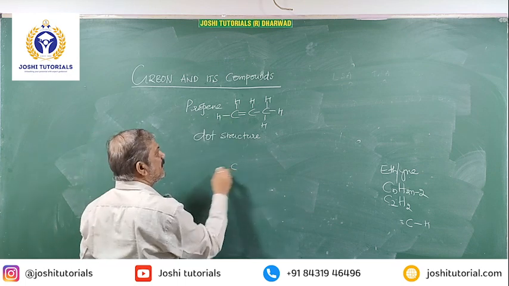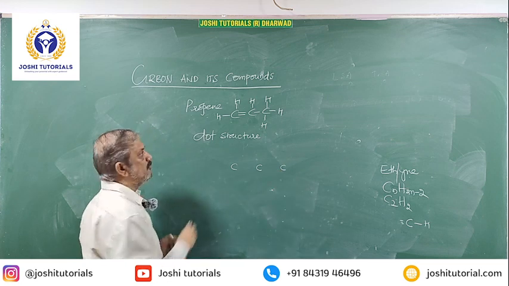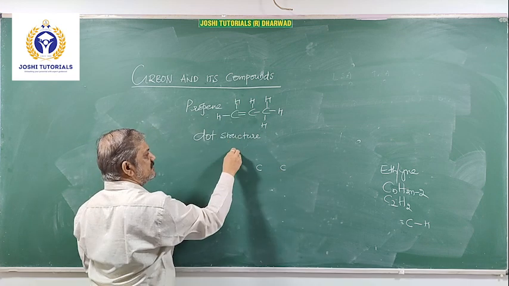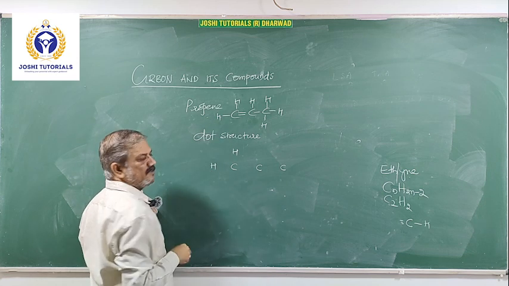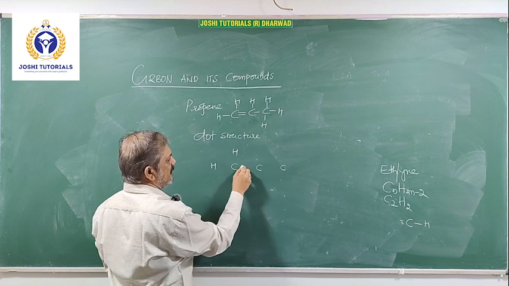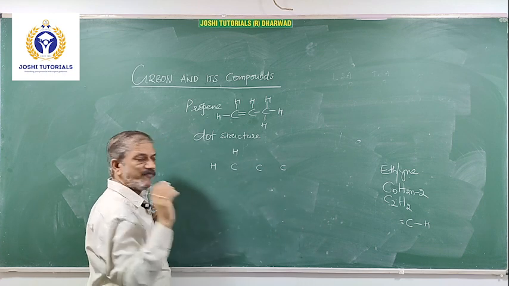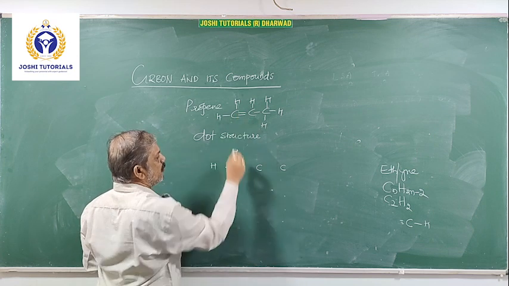remember carbon, carbon, carbon. Here write H, H. It is a double bond. Carbon valency is 4. 1, 2, 3, 4.